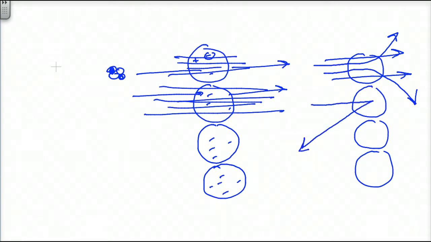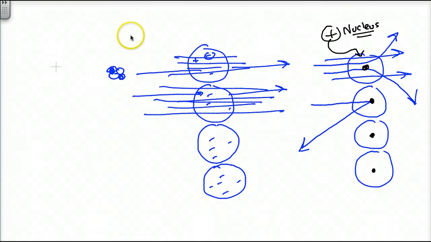And the reason is because the entire mass of the atom was in the nucleus. The only reason why these would deflect like they are is because the nucleus, where all the mass of the atom is, must have been positive. So we have a positive nucleus. So Rutherford discovered the nucleus of an atom.